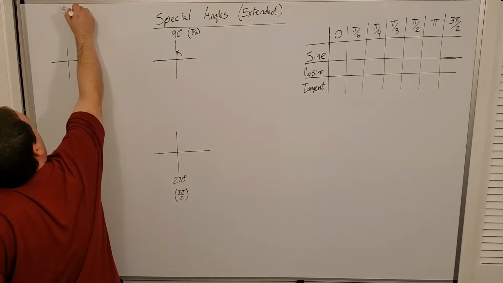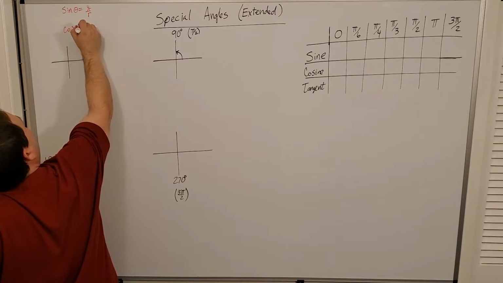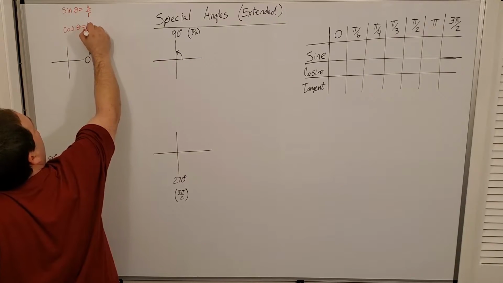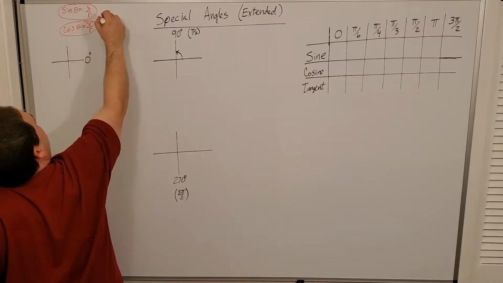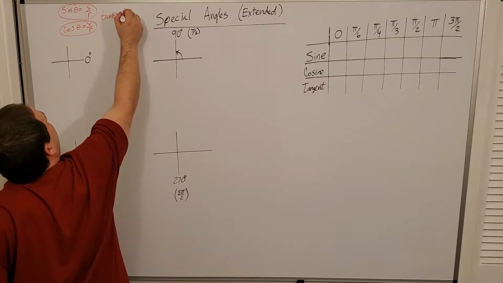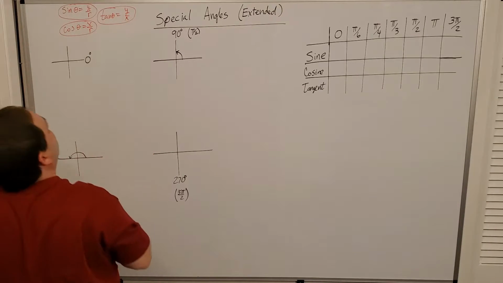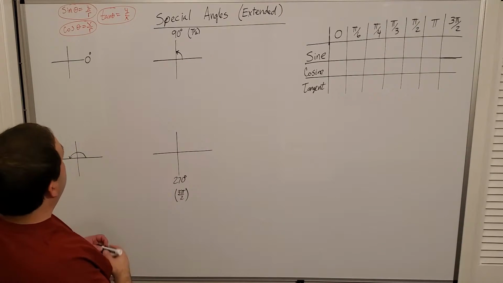The sine of some angle is y over r. The cosine of some angle is x over r. And the tangent is y over x. Right? So we'll be using those 3 definitions to say these.